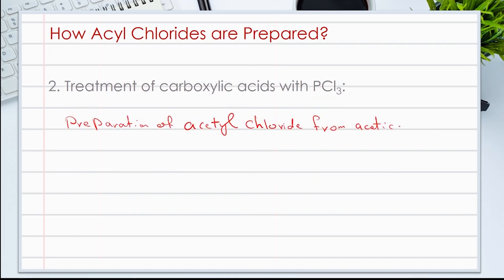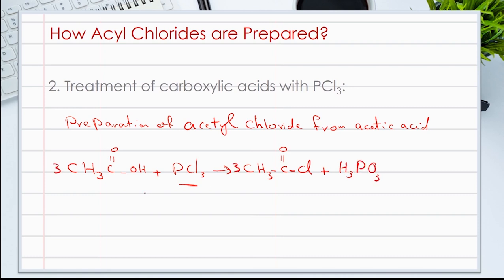The second reaction is a reaction of acetic acid, this time with phosphorus trichloride, to give acetyl chloride, CH3COCl, and phosphorous acid, H3PO3. Notice in this reaction 3 moles of acetic acid are used to give 3 moles of acetyl chloride.